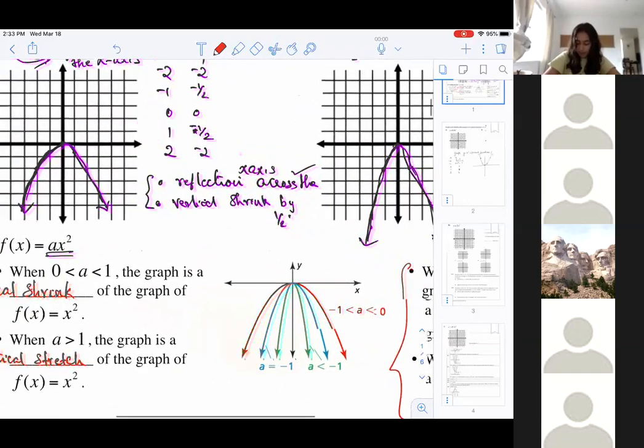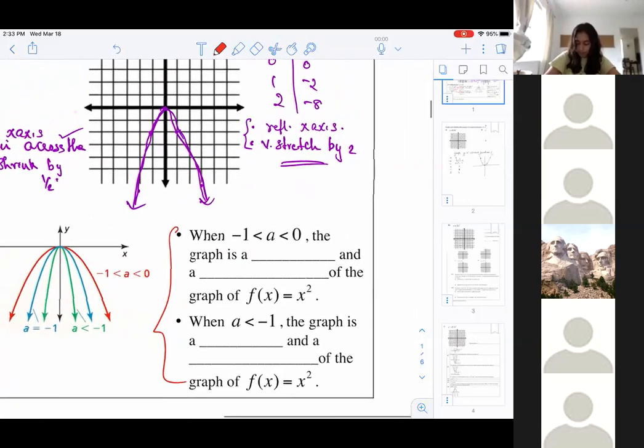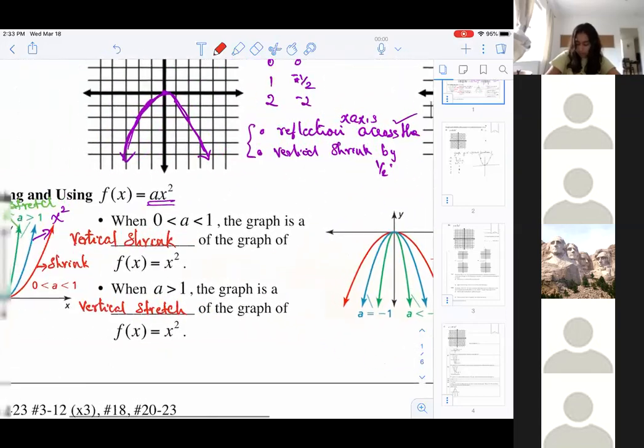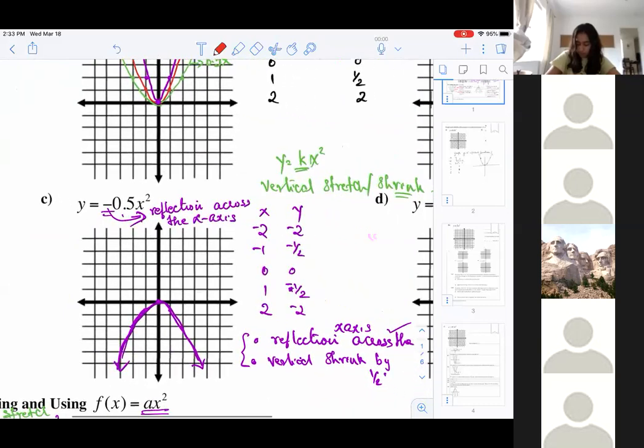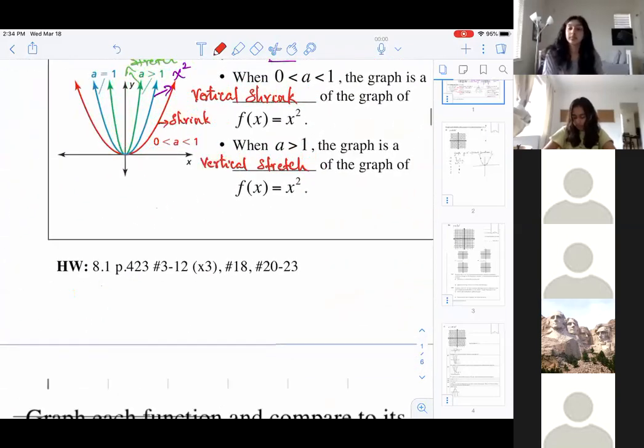The negative can be taken care of by the reflection, because I don't want you to get confused between the negative and the value of a. So I'm just going to skip this. You just know that when there is a negative in front of it, it's a reflection. I think that part is clear. So that's the lesson for today.